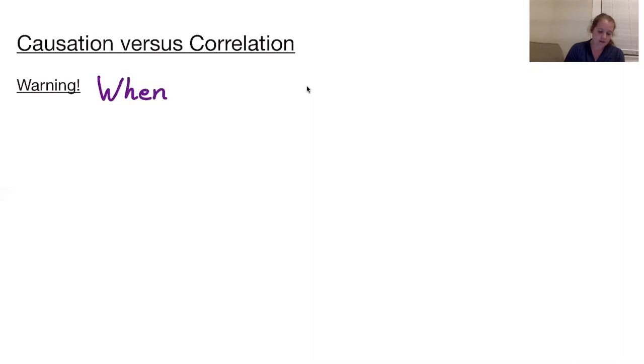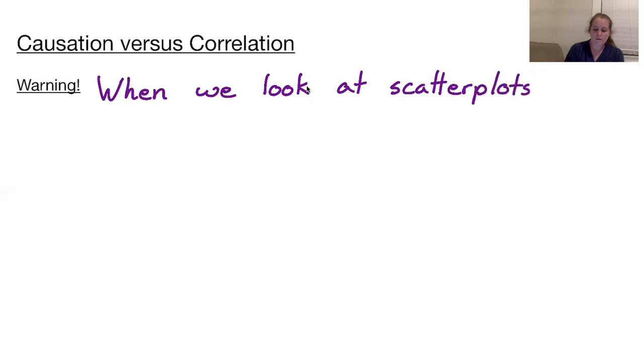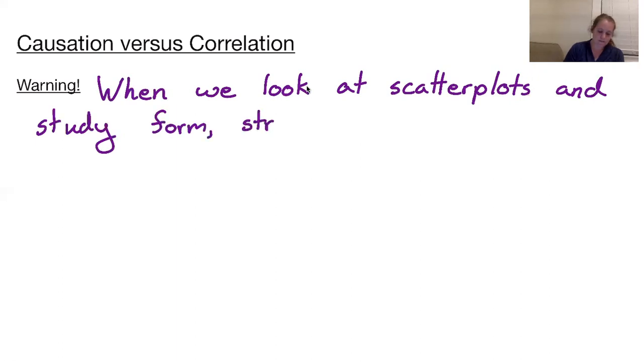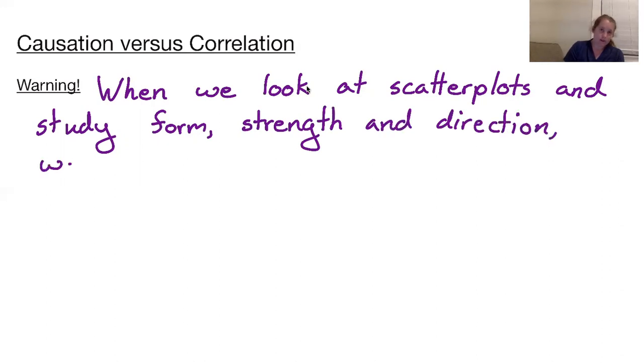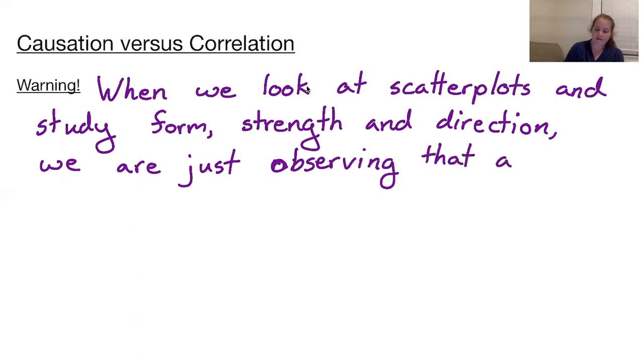So when we look at scatter plots and study form, strength, and direction, we are just noticing or observing that a pattern exists.